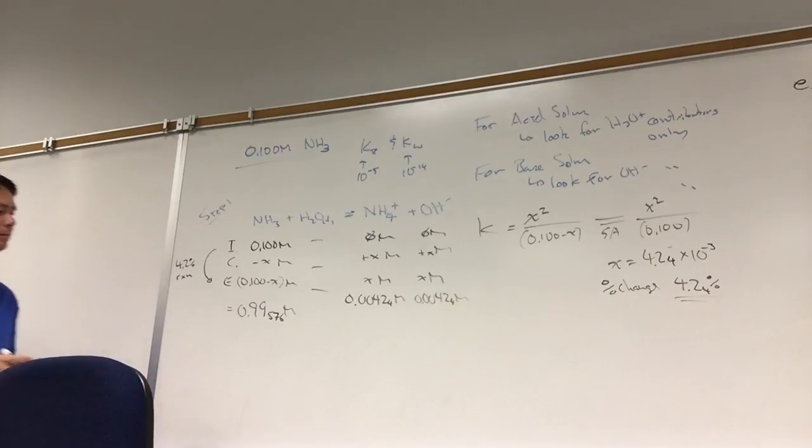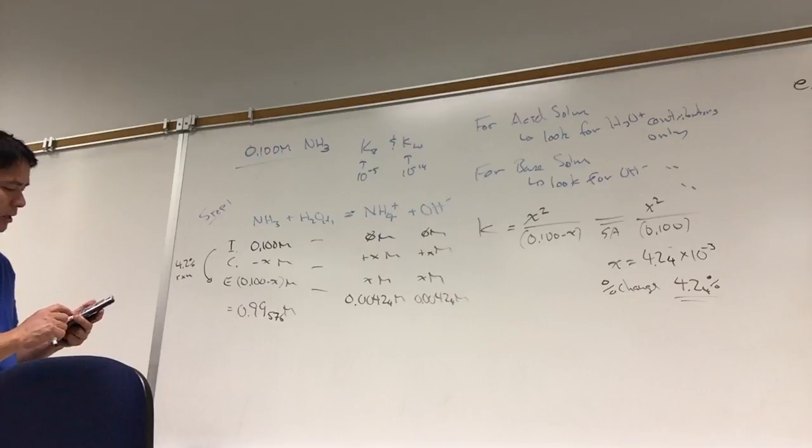What we have here. Oh, is that right? No, I made a mistake. Did I? You got a different X? Yeah. What did you get for your X? 0.001336.